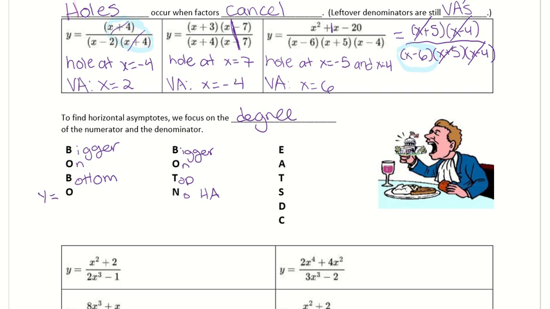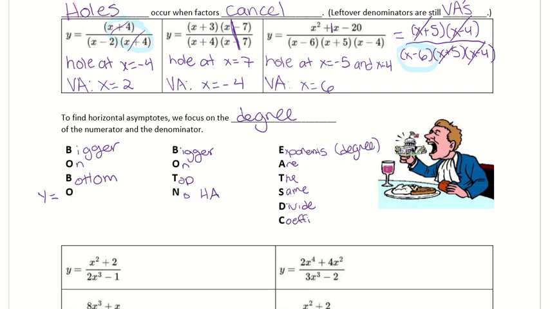And then finally, if the exponents, and remember, that's just a different way to say degree. Degree comes from exponents. But DATS DC doesn't make as much sense as EATS DC, which still doesn't make any sense, but hopefully it's a little easier to remember. If the exponents are the same, then you will divide the coefficients.